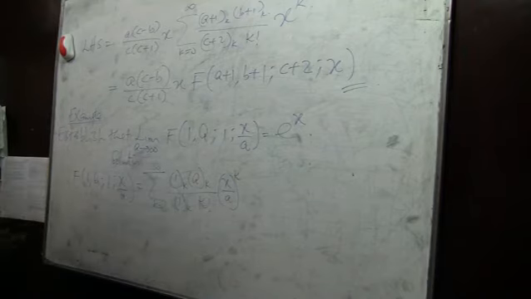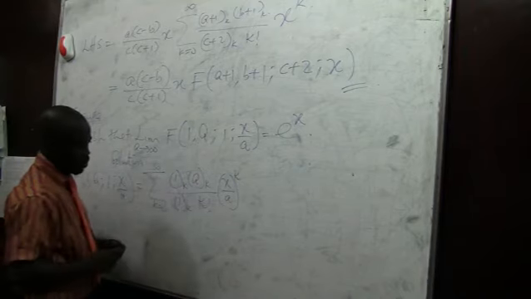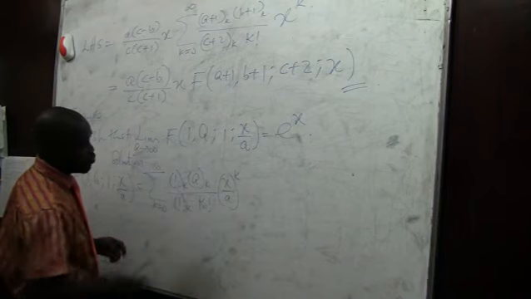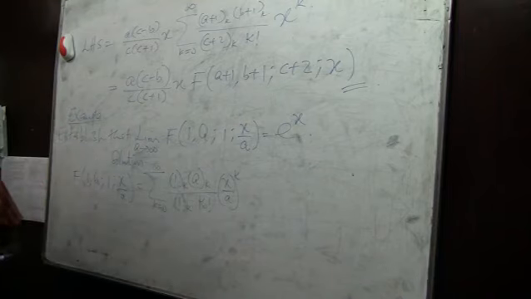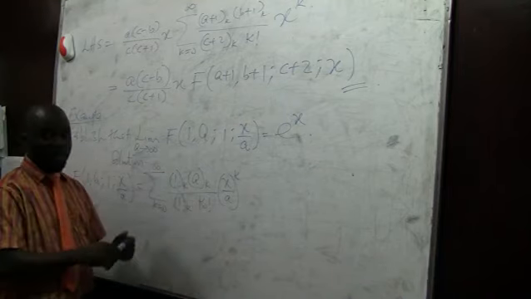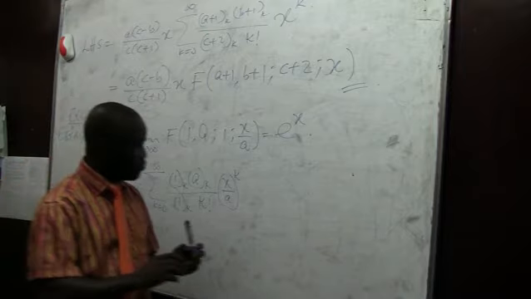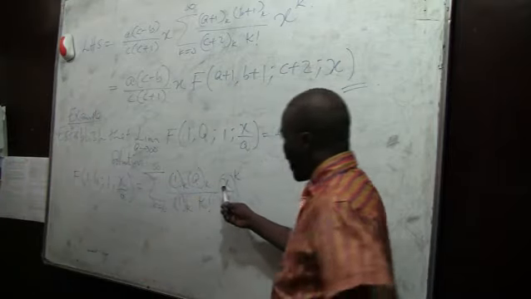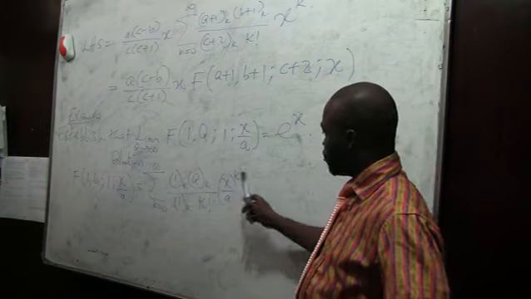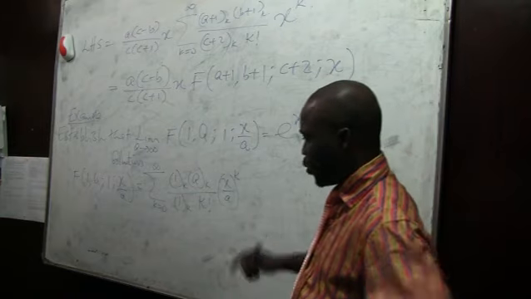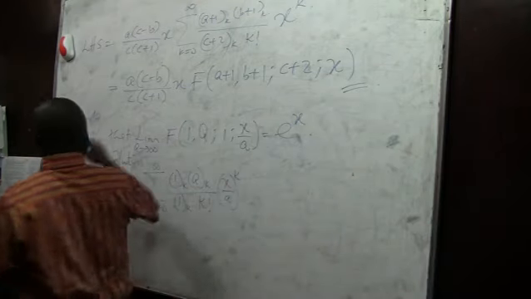Of course, the factorial functions of 1 cancel each other, so we are now left with (a) sub k divided by k factorial, x raised to power k and a raised to power k. That's what we are left with as far as that definition is concerned.